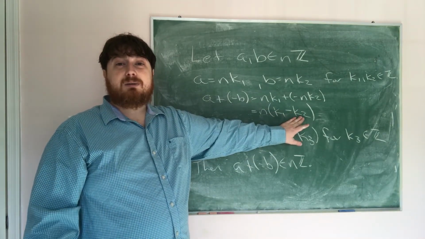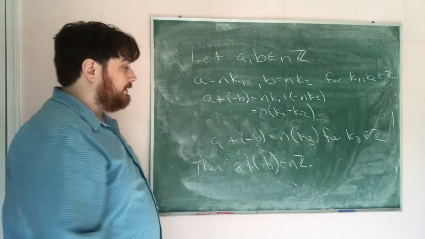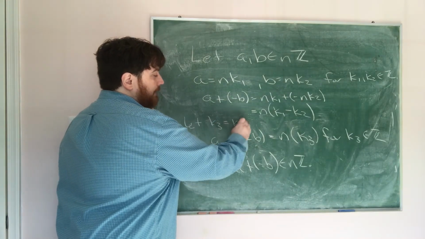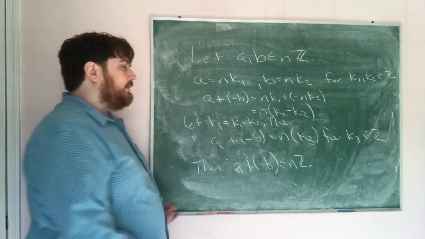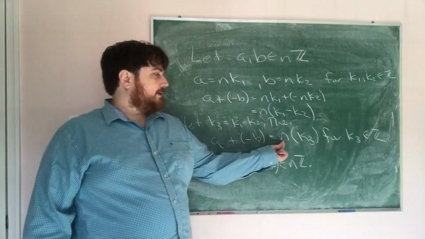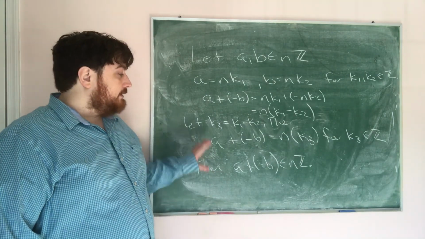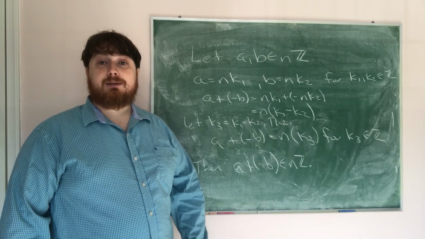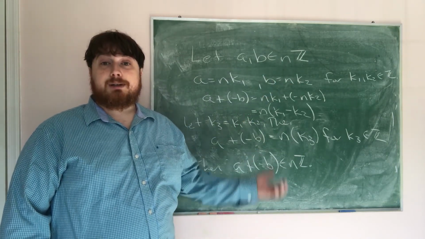Since the integers are closed under differences, k1 minus k2 has to be an integer. So I'm going to let k3 equal k1 minus k2. Then I get exactly what I wanted: a plus negative b is n times some integer, k3. So therefore, a plus negative b is again in nZ. So therefore, nZ is indeed a subgroup of Z under addition.